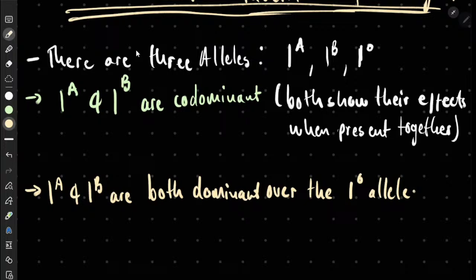So if IA is present with IO, you see A. If IB, which is blood group B, is present with blood group O, you see blood group B. That person will have blood group B, although inside them, in their gene, they had instructions for both B and O, but O is recessive. So the only time you see O is when it's just there alone.